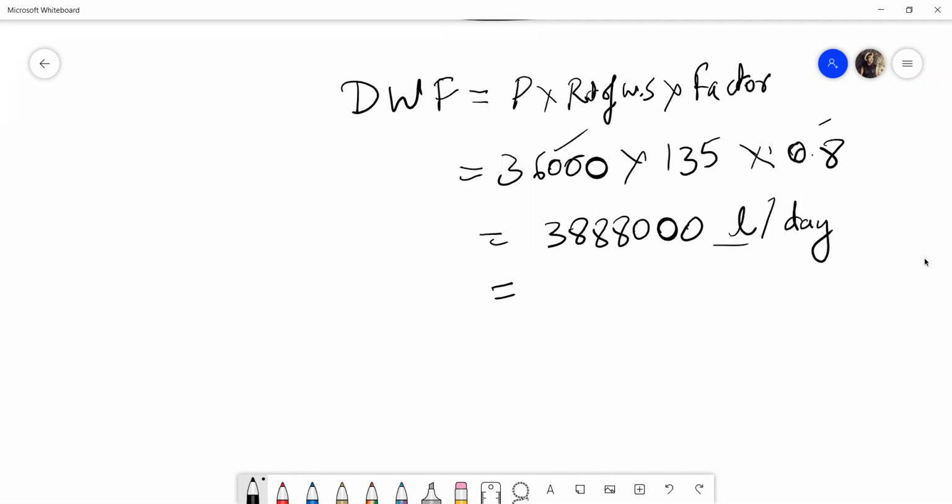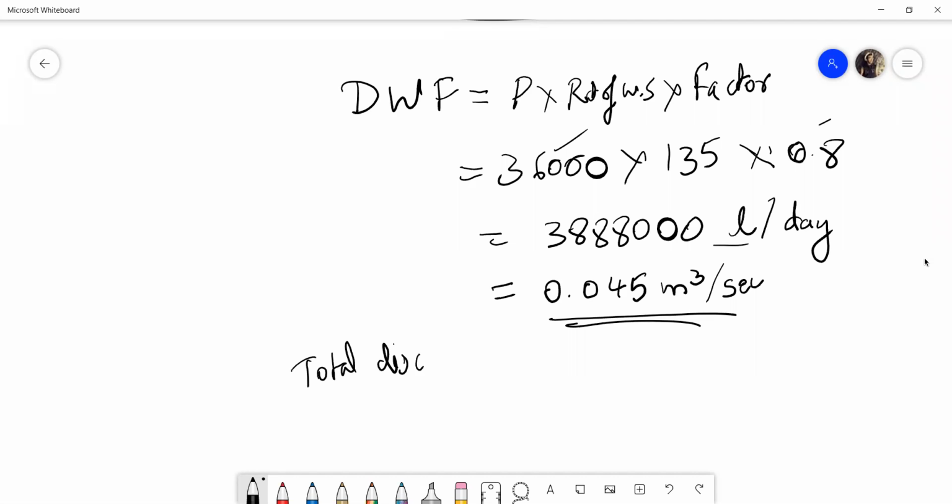Zero point 0.045 exactly, 0.045 meter cube per second. Okay, so this is the dry weather flow. But for total discharge Q, Q is equal to how much?